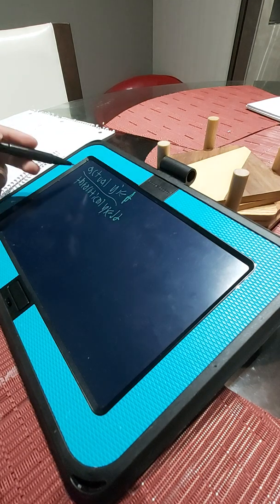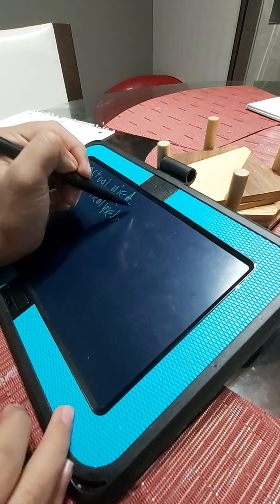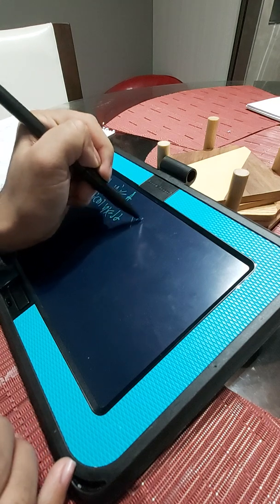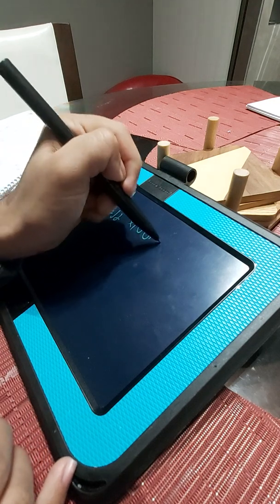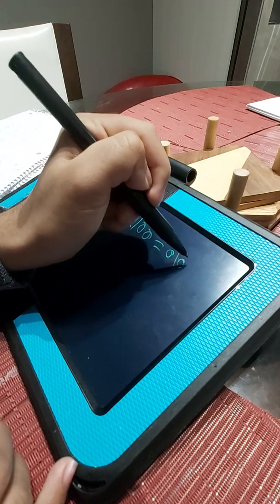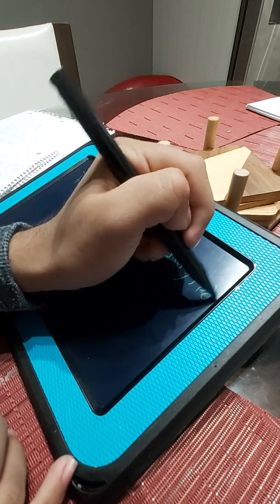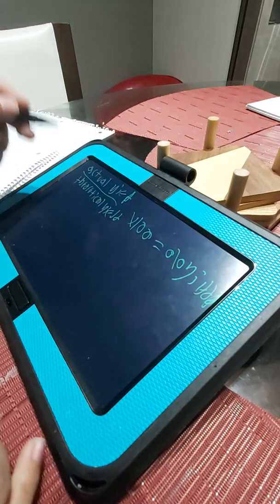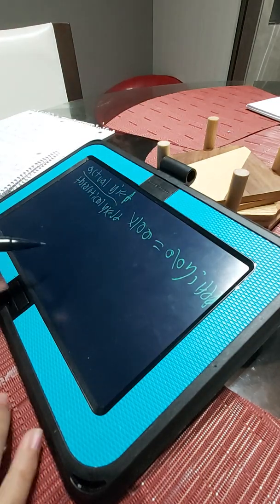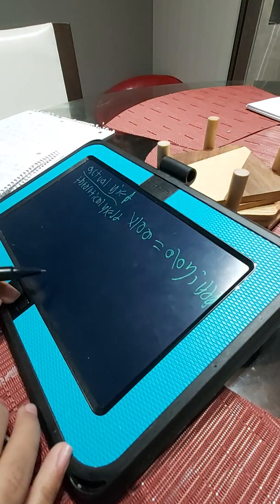So now that you have your actual over your theoretical, what you need to do is multiply this by 100, and you will get your percent yield. But before that, you need to figure out your theoretical yield, which is simple enough.